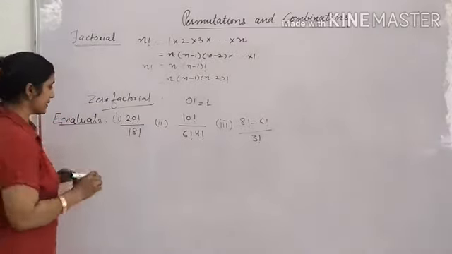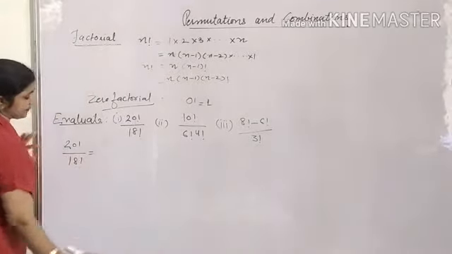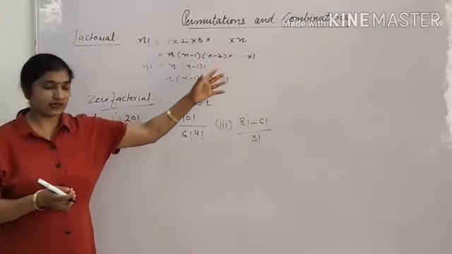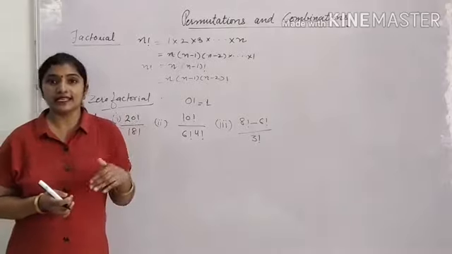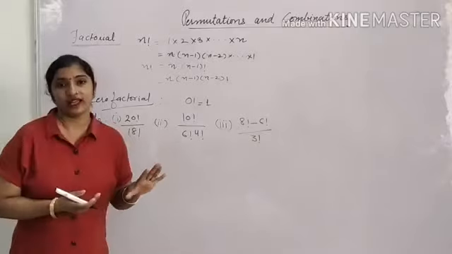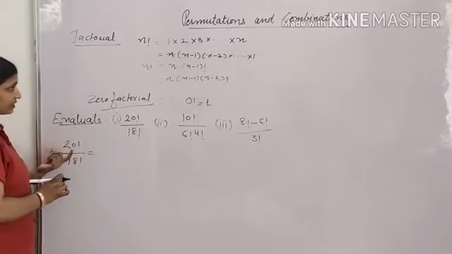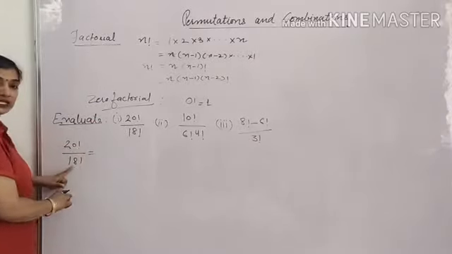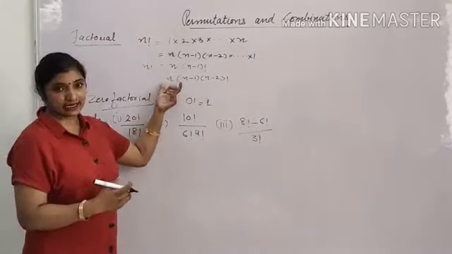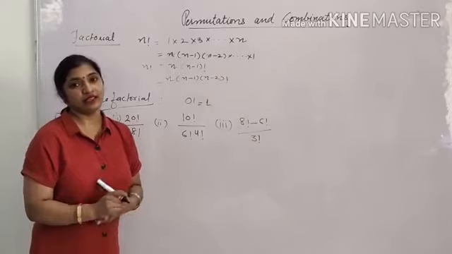Let's first evaluate 20 factorial divided by 18 factorial. You know, 20 factorial is a product of first 20 numbers and 18 factorial is a product of first 18 numbers. To calculate these factorials independently will take a lot of calculations. So to simplify this problem, we reduce the bigger factorial to the smaller factorial with the help of this formula. That n factorial can be explained as n, then 1 less, then 1 less, and we can stop wherever we require.